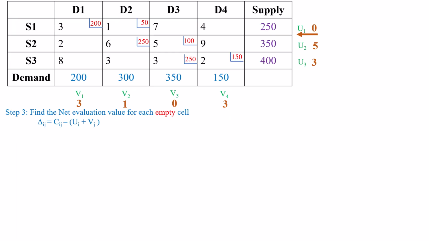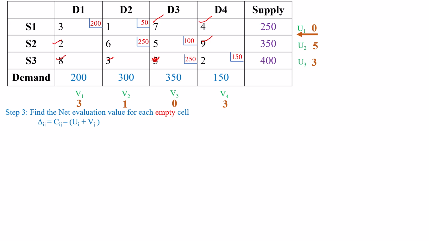So the next step is to find the net evaluation value for each empty cell by using the relation delta ij equal to Cij minus of Ui plus Vj. So here we have to determine the delta values for the empty cells. These are all the empty cells, which are the not occupied cells, not allocated cells. For these cells we have to determine the delta value. So delta ij equal to Cij minus of Ui plus Vj.